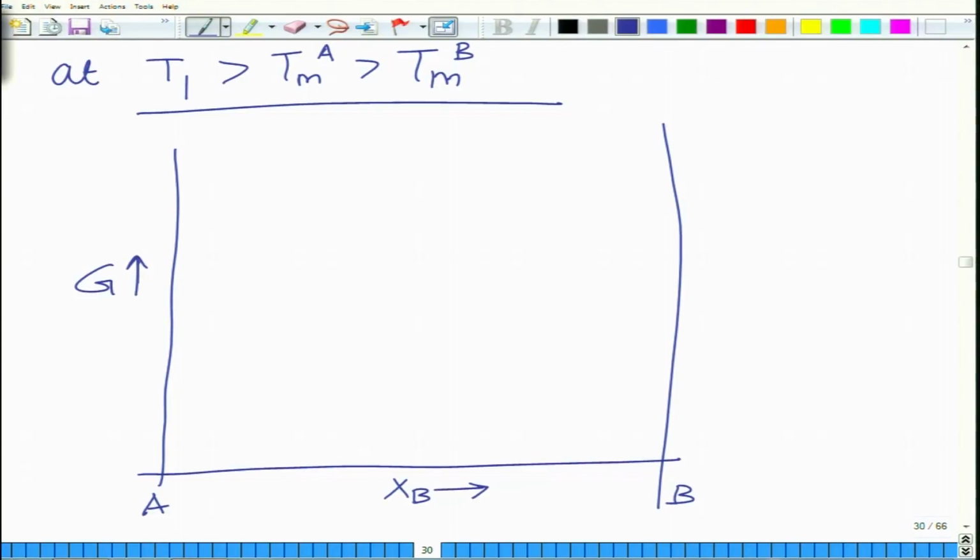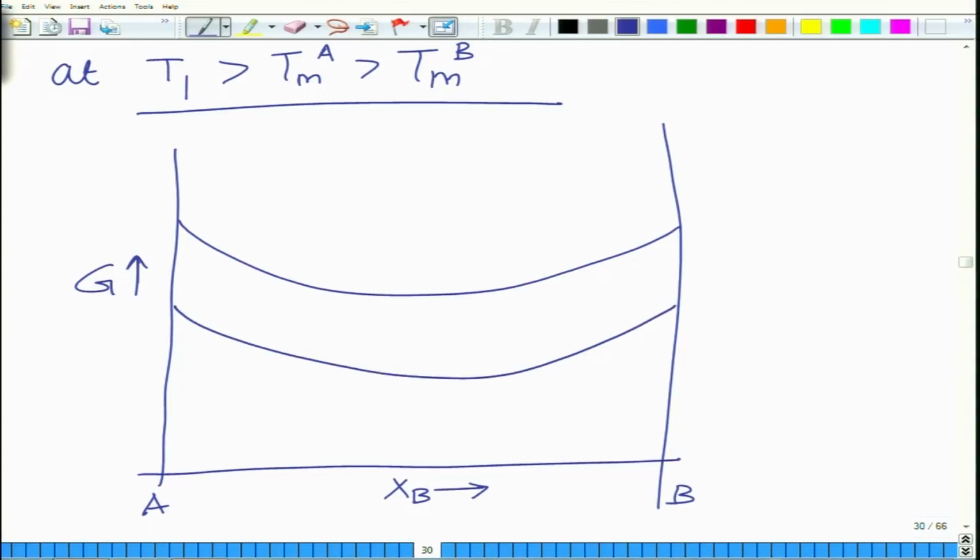So, in this phase, when the temperature is higher than the melting point of A and B, the free energy of liquid has got to be lower than the free energy of solid. As a result, this is GL and this is GS.